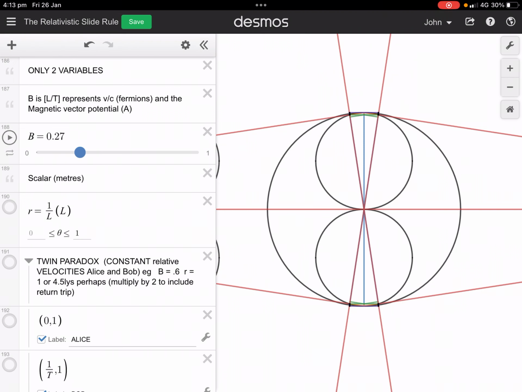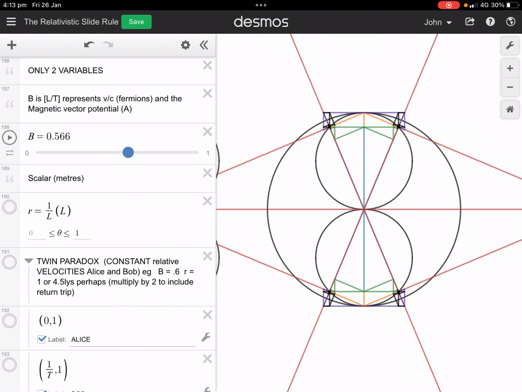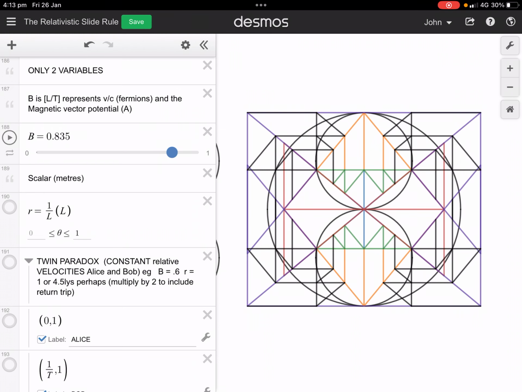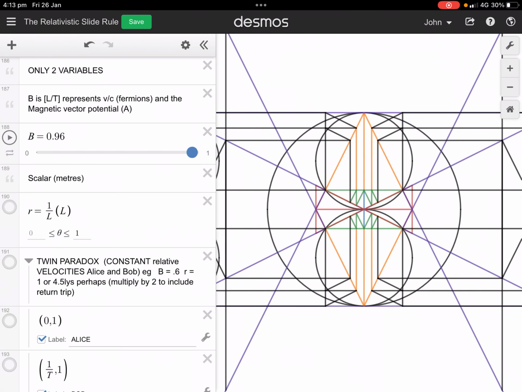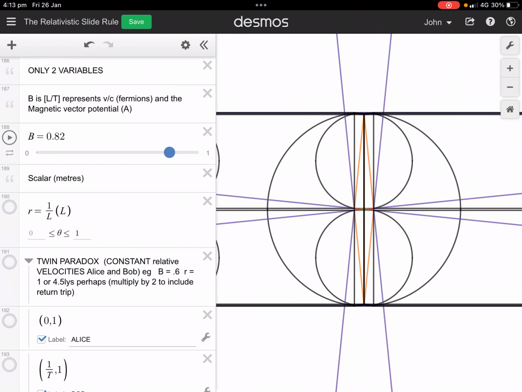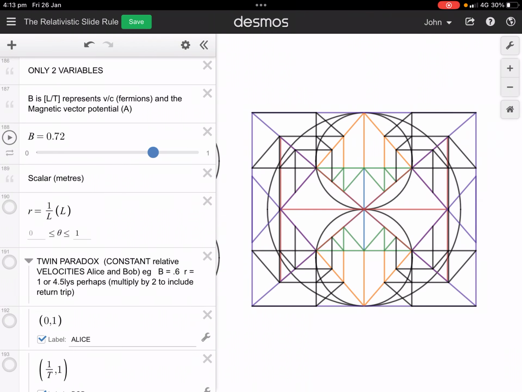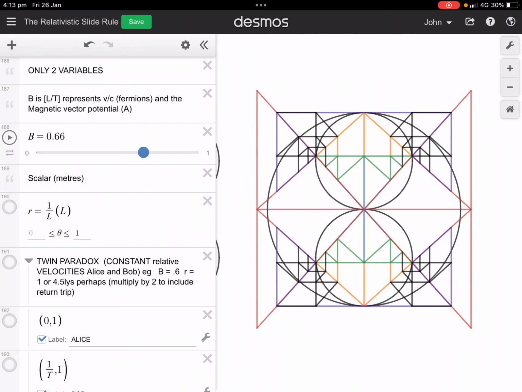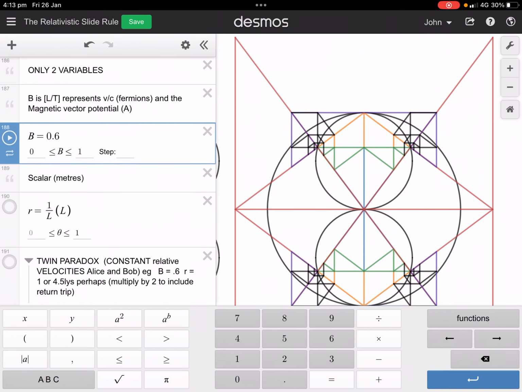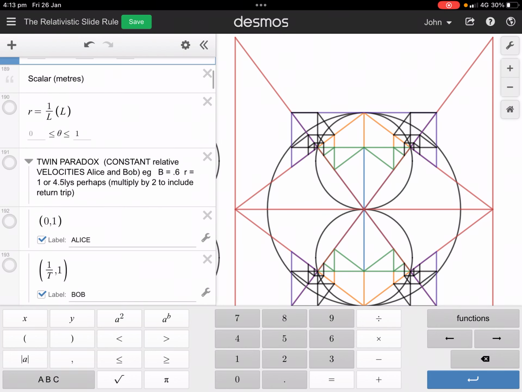It's the yellow line. Now the yellow line's getting longer and longer and longer, and the yellow line is getting up to the speed of light there. So I'm going to drop it down to 0.6, and I'm going to show how the twin paradox is resolved.